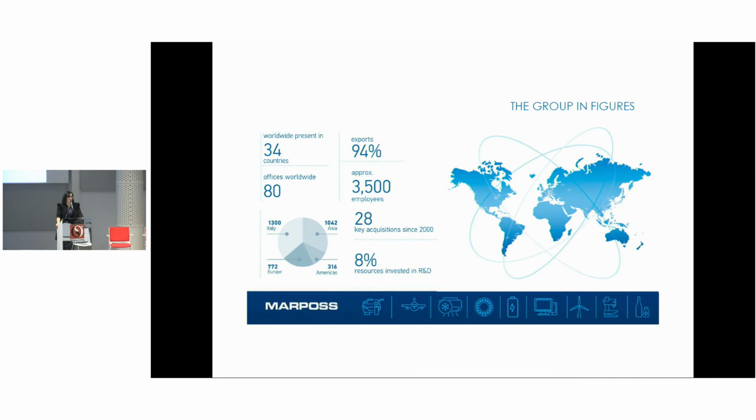I'm an R&D department engineer, and I want to focus your attention on our investment each year of 8% of our resources in R&D development. And we are present in several industries, because you can find Marposs in automotive, aerospace, glass industries, white goods industries, and so on.